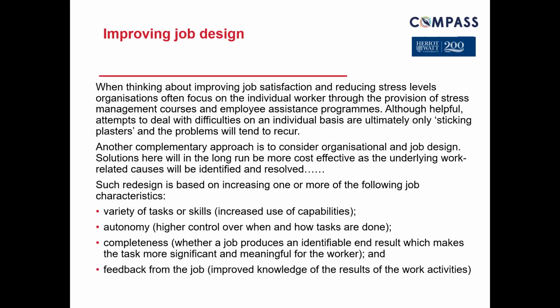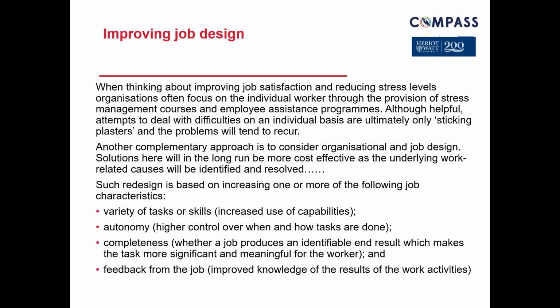It's a complementary approach about the organizational job design factors. But if you go back to the beginning, it's the individual that's affected by those organization and job factors. Solutions here will, in the long run, be more cost effective as the underlying work-related causes will be identified and resolved. So it goes back to human errors, human violations, things that go wrong and the reasons why.